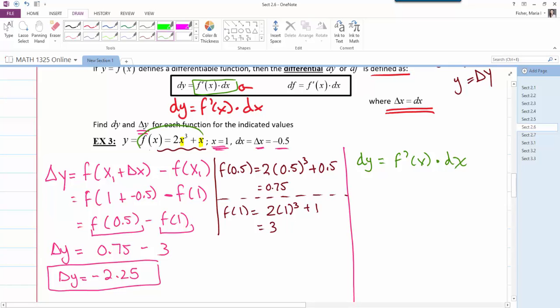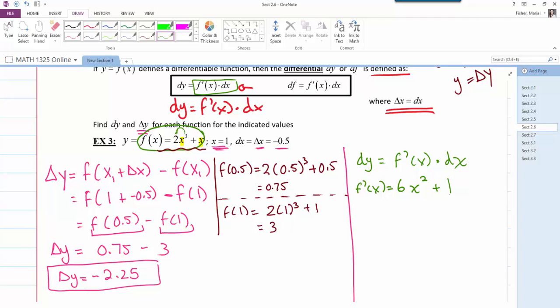So if this is my given function, the derivative f prime of x would equal, well, 2 times 3 is 6, x one power less, so 3 minus 1 is squared, plus, well, the derivative of x is x to the 0, right? Because the exponent on there, and I told you guys x to the 0 is equal to 1. So f prime of x is equal to 6x squared plus 1.